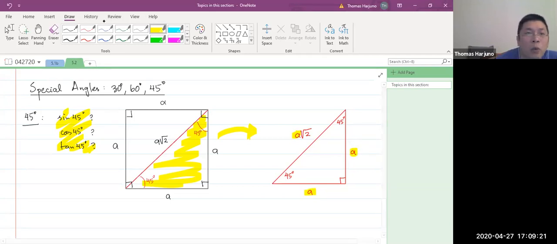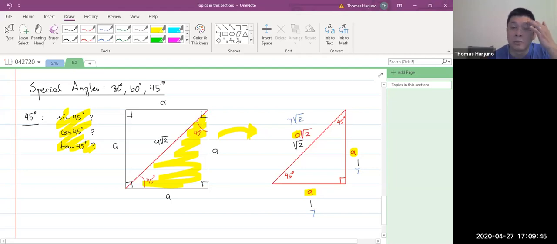Another way to look at that is to look at the ratio. If this is 1, then this must also be 1, and this must be square root of 2. If this is, let's say, 7, then this must be 7, then this must be 7 square root of 2.